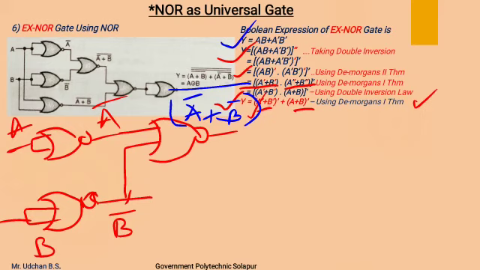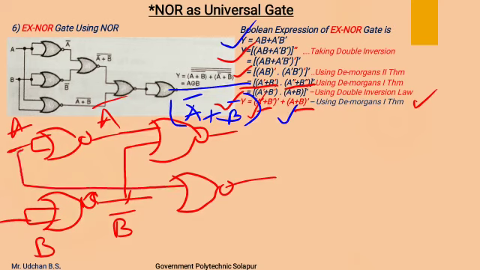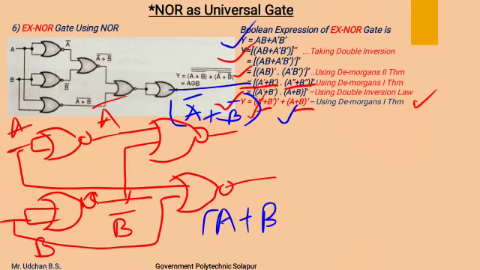Now I have to get this term A plus B complement. So for that I will use another NOR gate. I will connect this A and this B to this gate. Here I will get A plus B complement.